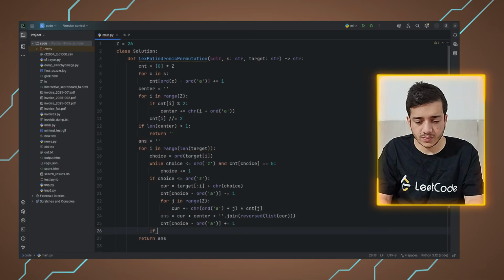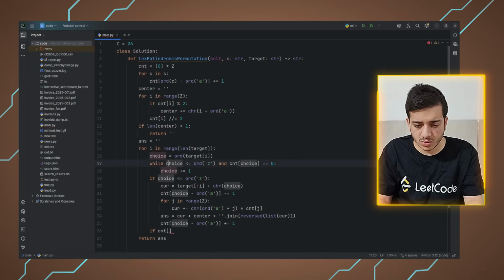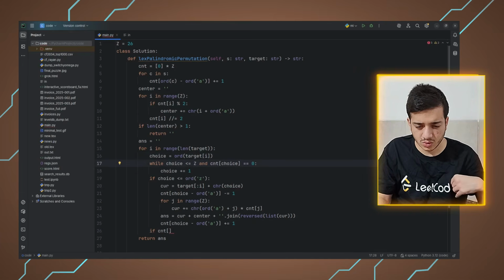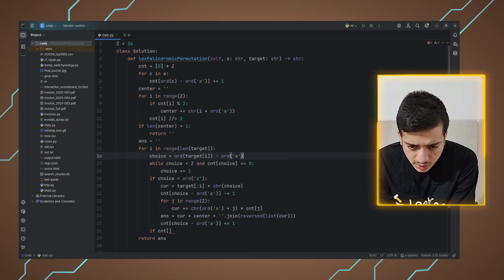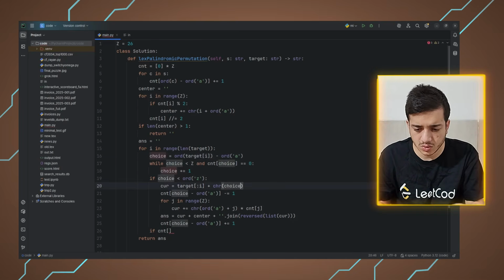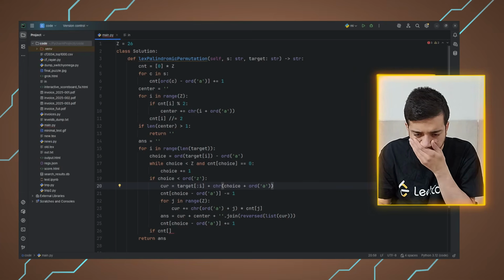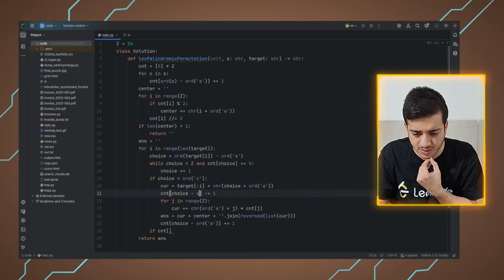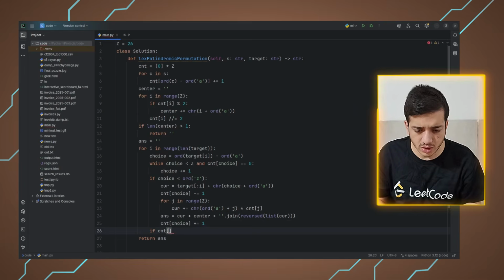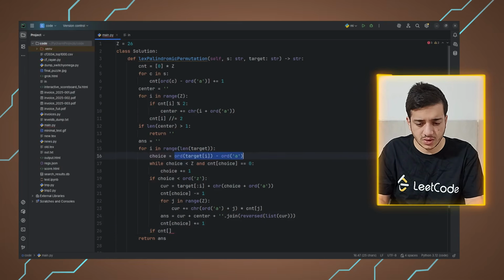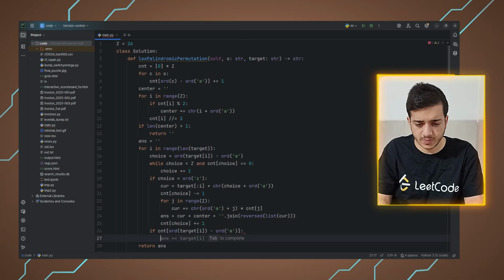Before that, if cnt of this thing we have, then we decrease it by 1.